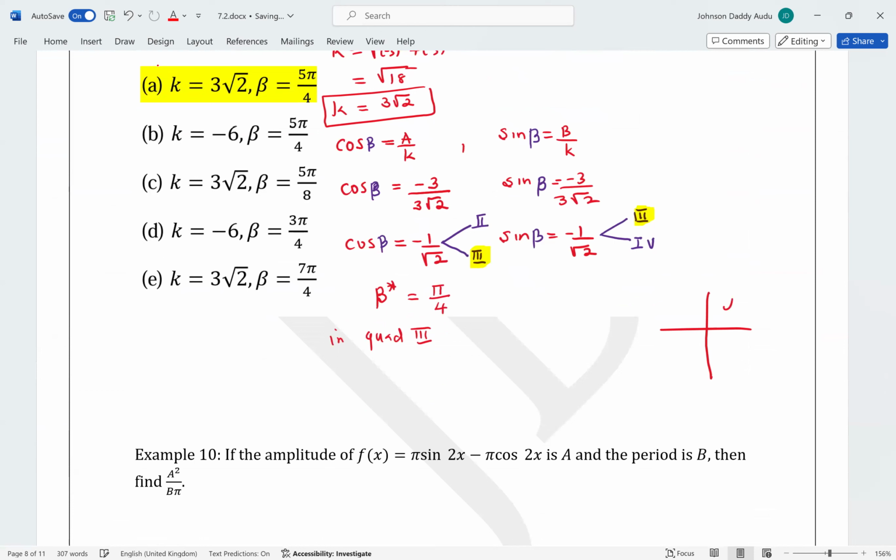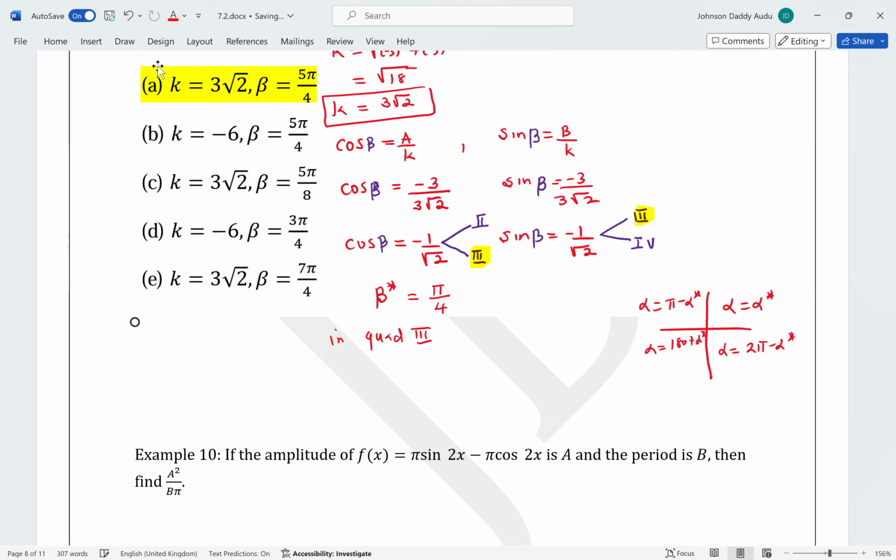This is the chart. Here, alpha is alpha star. Here, alpha is pi minus alpha star. And here, alpha is 180 plus alpha star, right? And here, we have 2 pi minus alpha star.